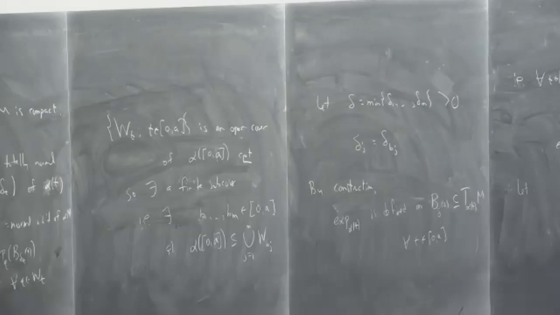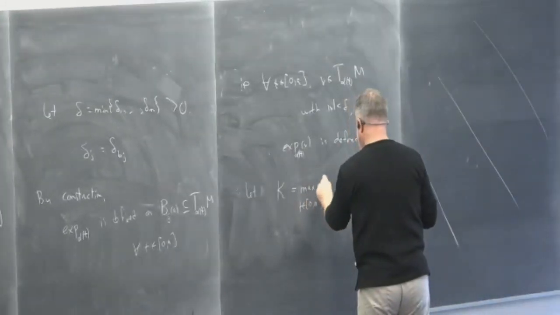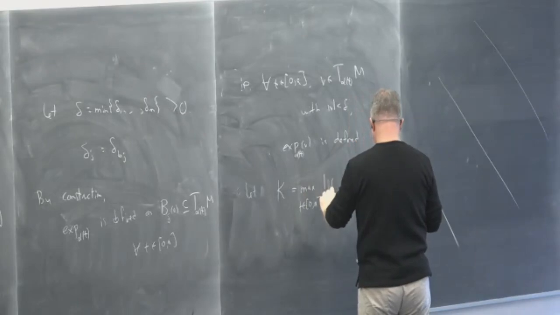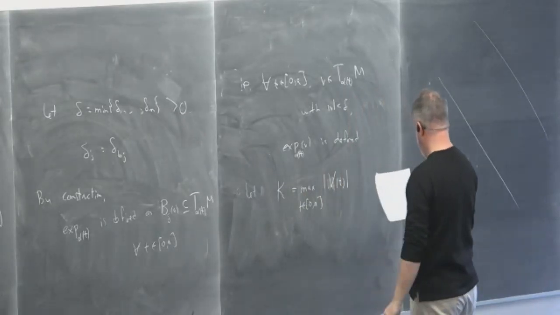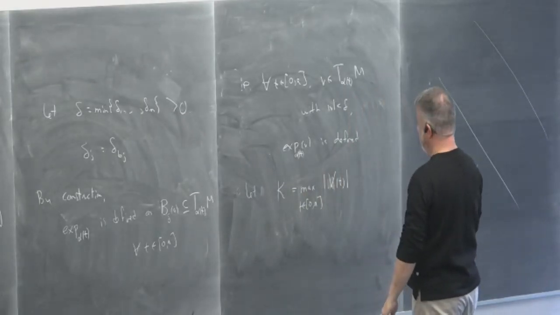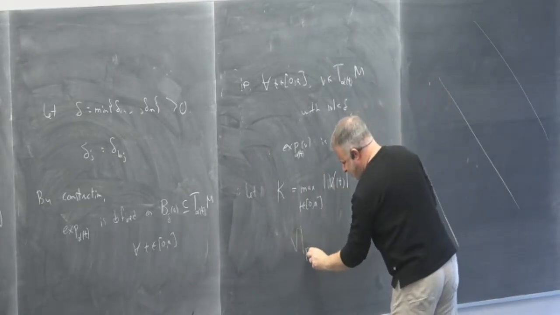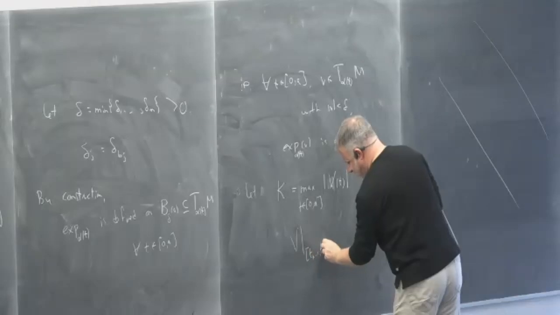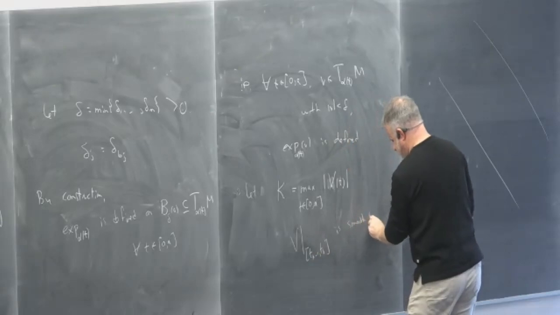Okay. So let's let K be the max over all t in [0, A] of the norm of V of t. We have to be a little careful here, because this is not continuous, but remember that V restricted to [t_{k-1}, t_k] is smooth, hence continuous.